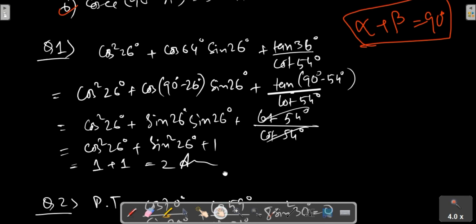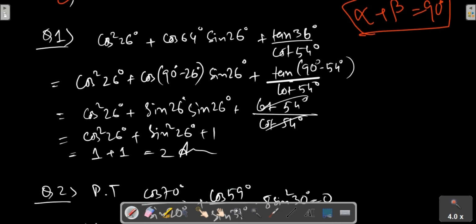So here in this sum we have to find the complementary pairs. Here 64 and 26 are a complementary pair. If you add them you will get 90 degrees. And here is another pair, 36 and 54. You can add them and you will see that you get 90 degrees.